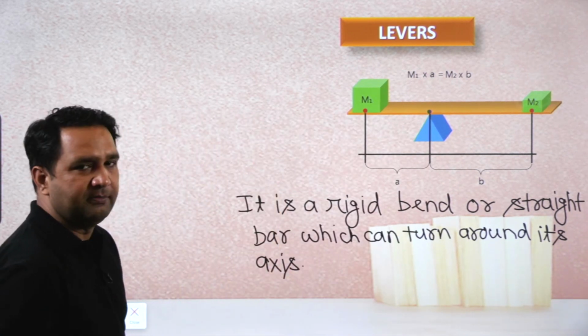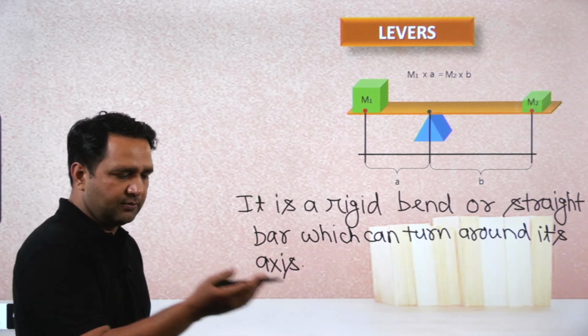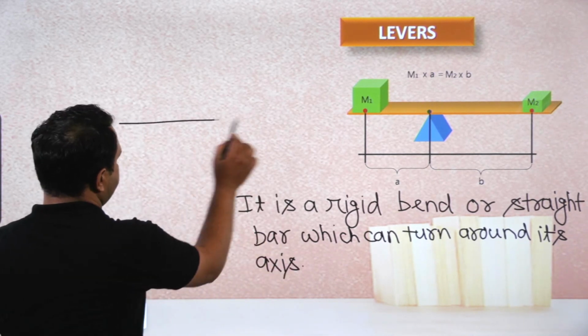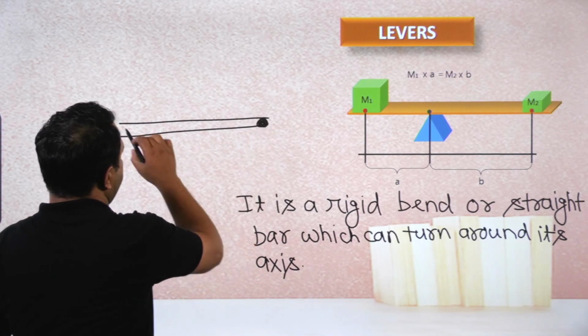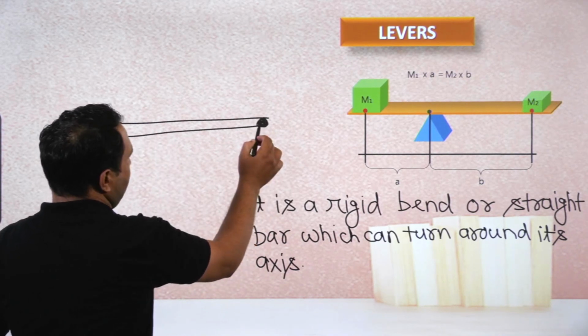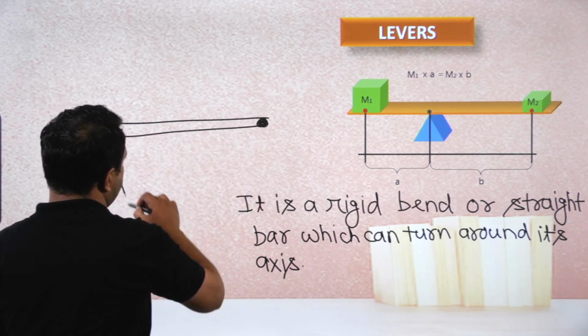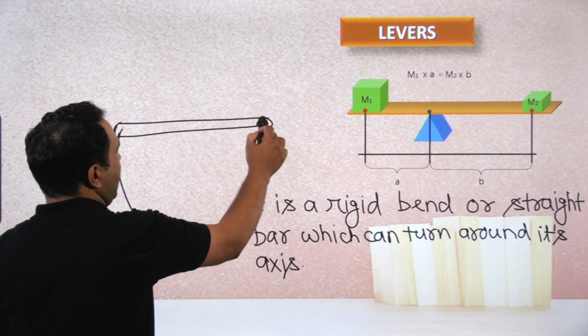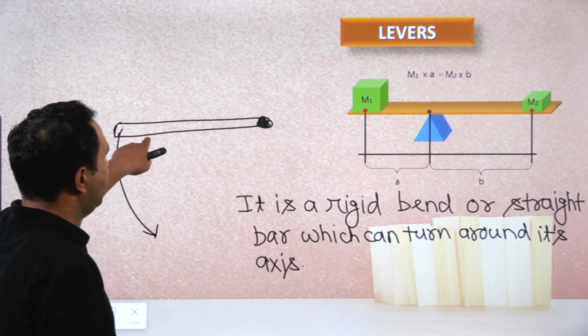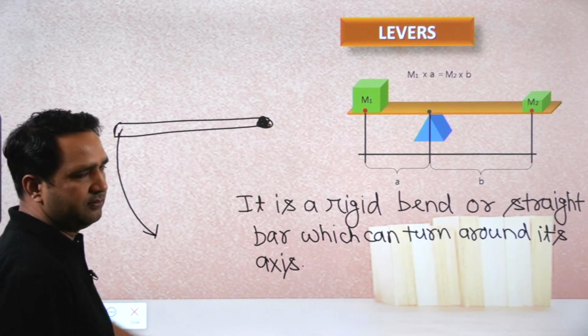So a lever is nothing but a straight or bent bar like this, and if we fix it here, then it should turn around this axis. It has the capability to turn around this axis. Then this bar will be considered a lever.